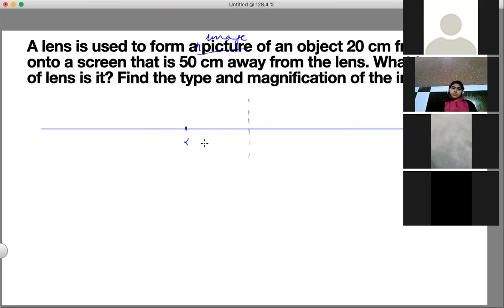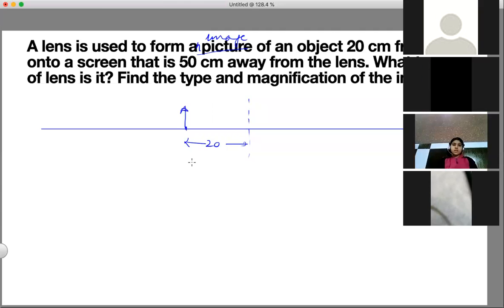Object is 20 centimeter away. कौन सा लेंस यूज हो रहा है इस केस में? The image is formed 50 centimeter from the lens onto a screen. Concave lens. किस बेसिस पे? Tell me the basis.